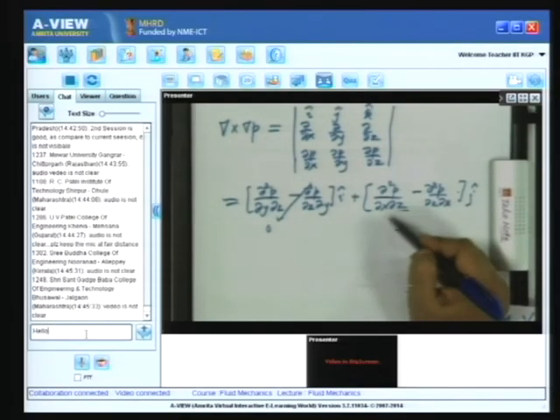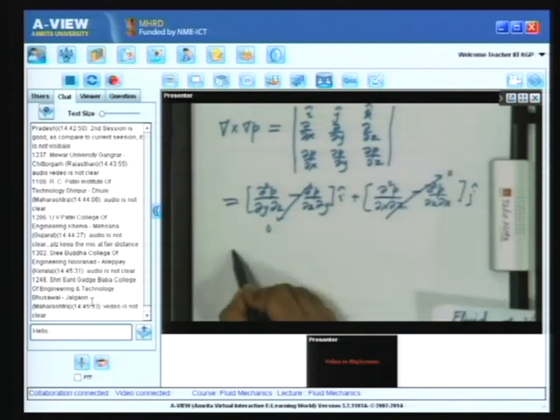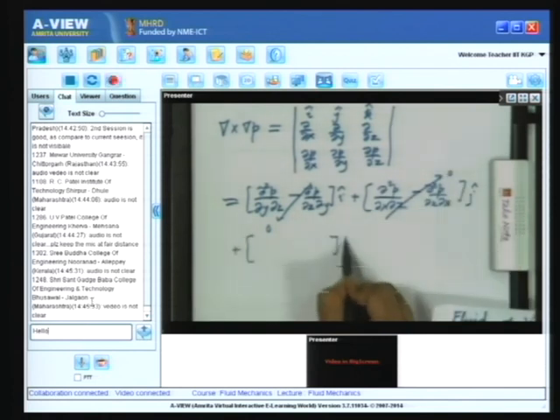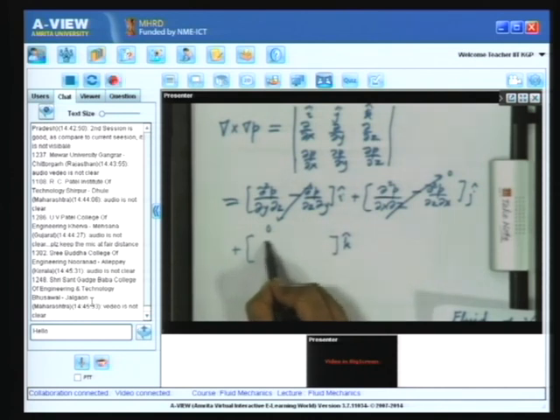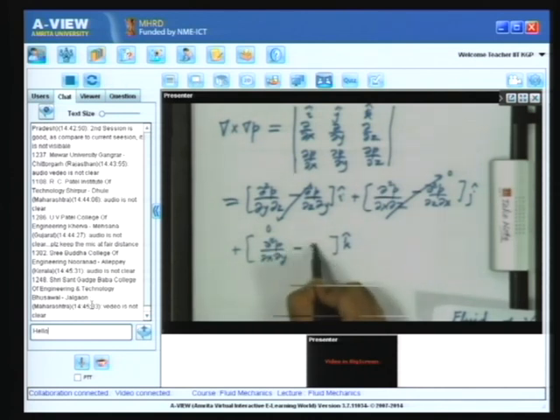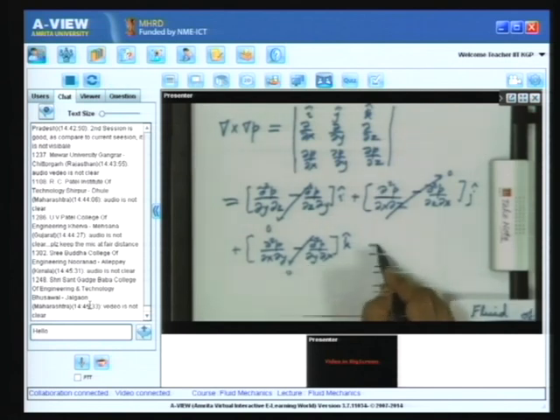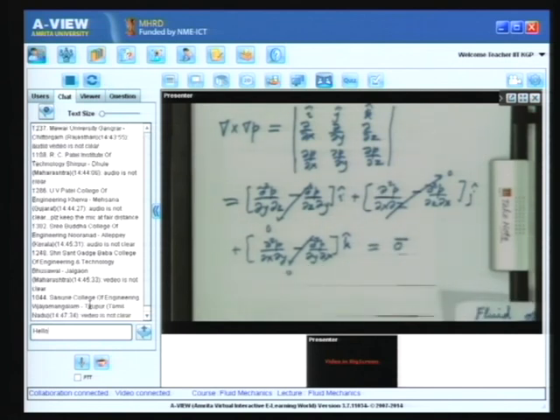Now, again this is going to be 0, and if you look at the k component, you are going to have del 2 p/del x del y minus del 2 p/del y del x. So, this is also going to be 0. So, curl grad p is a vector which is identically 0.